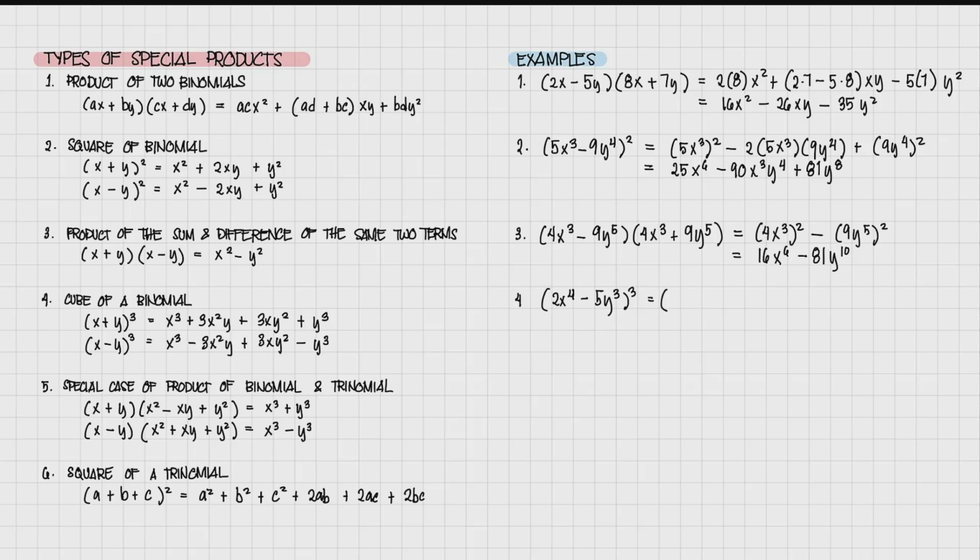So that is 2x to the 4 raised to 3, minus 3 times x squared. So that's 2x raised to 4 squared times y, which is 5y cubed, plus 3 times x, 2x raised to 4, times y, which is 5y raised to 3 squared.